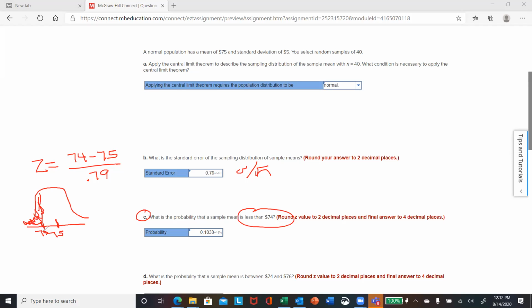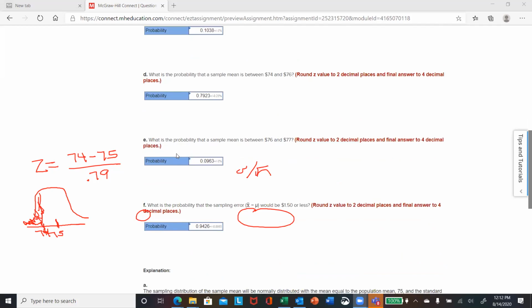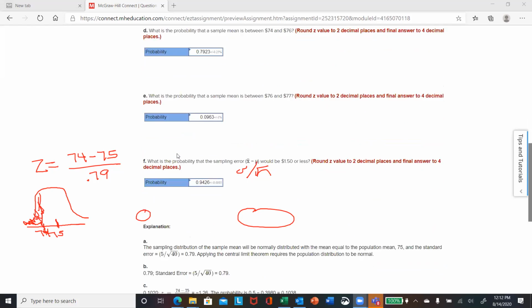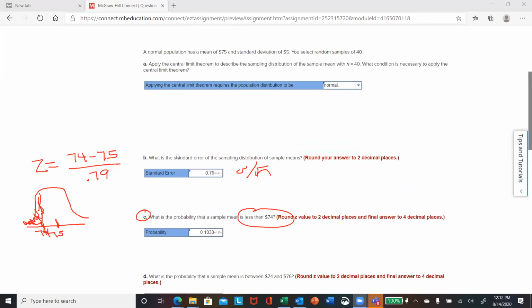Once you find that Z value on letter C, it looks like the Z value is negative 1.26. All you have to do is go to your table, look up positive 1.26, and then of course subtract that from 0.5.